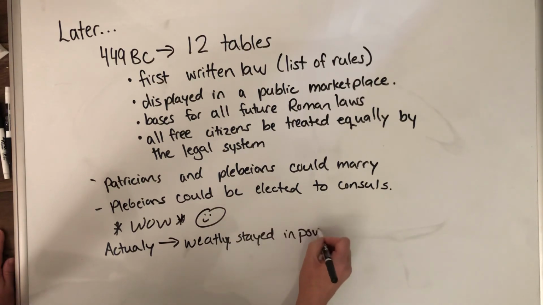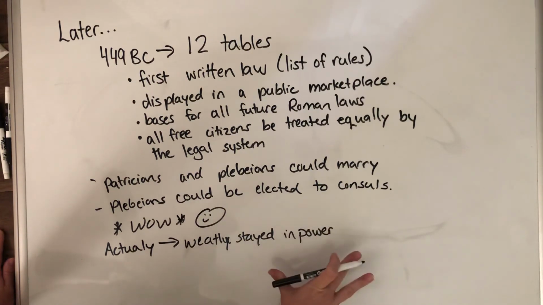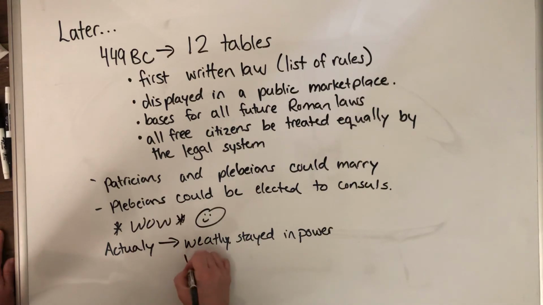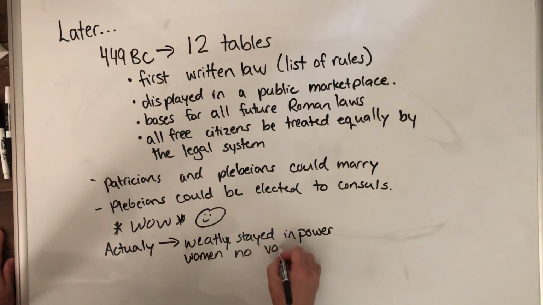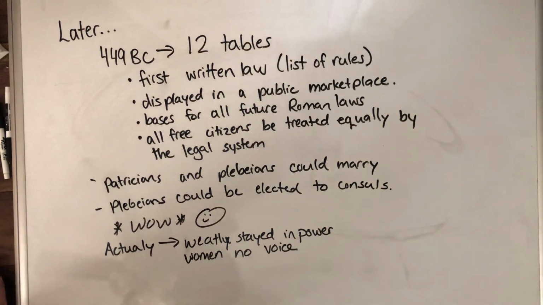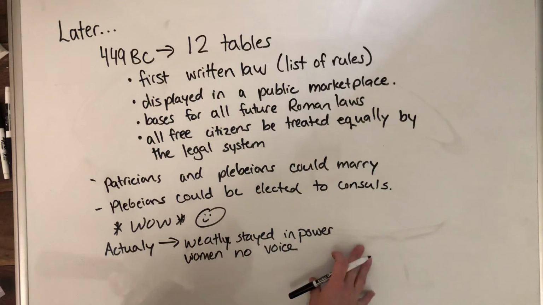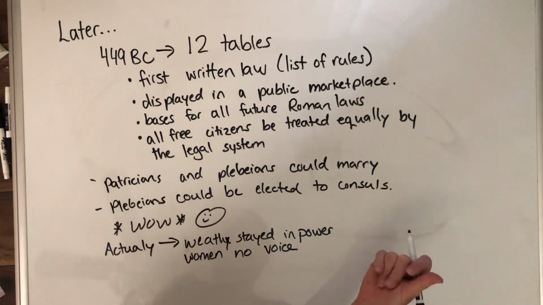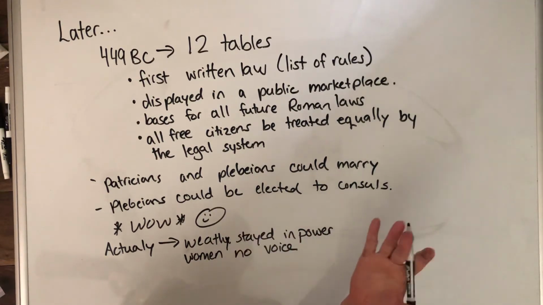They still were making all of the decisions one way or another. They influenced the most people. And women still had no voice. The Republic was still very far from being a democracy, but it was the first step.